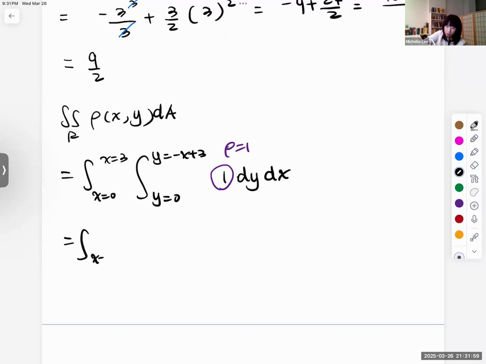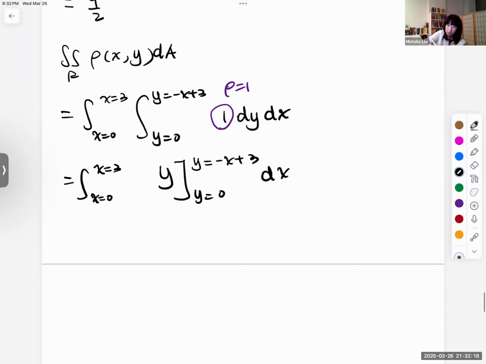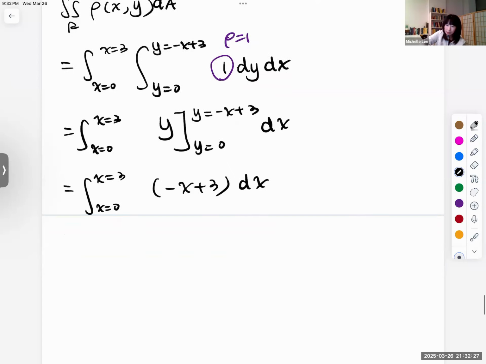Now x equal to 0 to 3 and y equal to 0 to negative x plus 3, dx. So we have a negative x plus 3 dx.